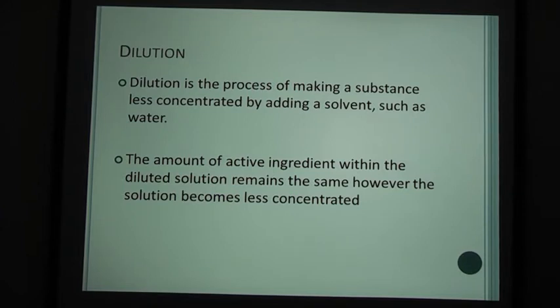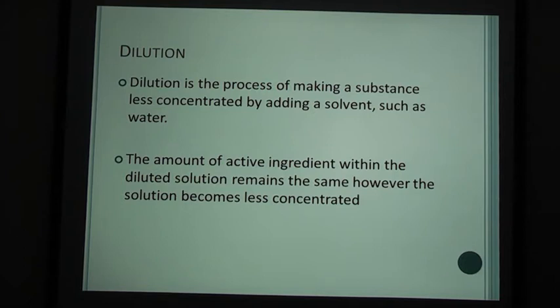Dilution. Dilution is a process of making a substance less concentrated by adding a solvent such as water. So the amount of active ingredient within the diluted solution remains the same, however the solution becomes less concentrated.